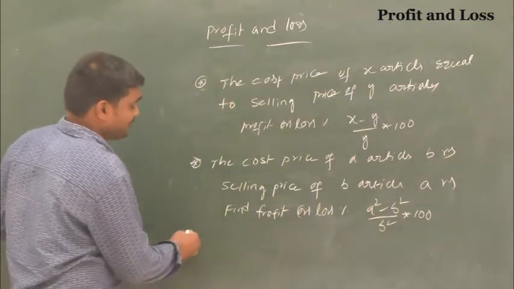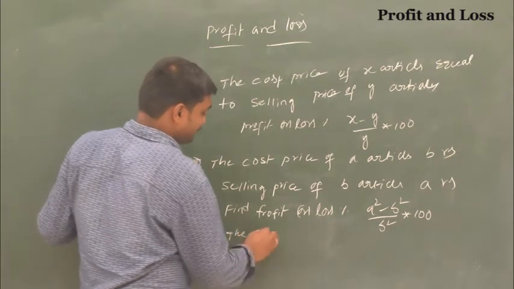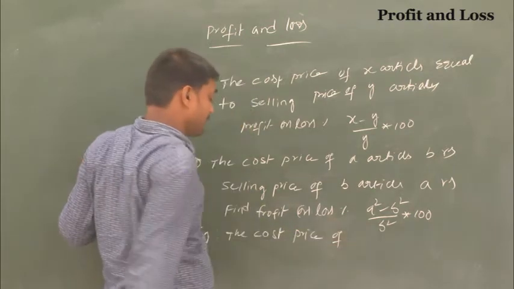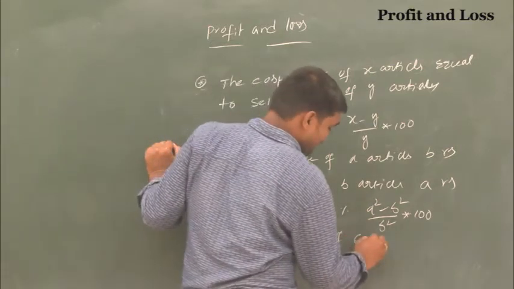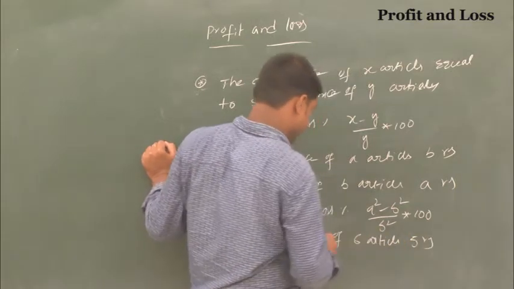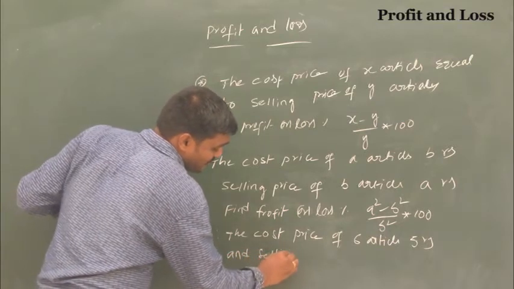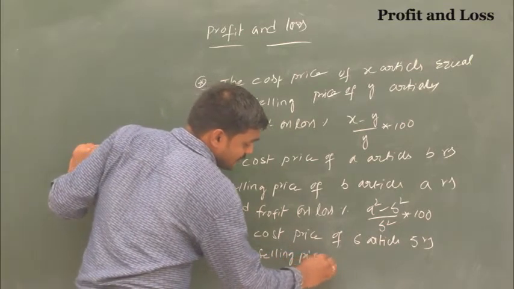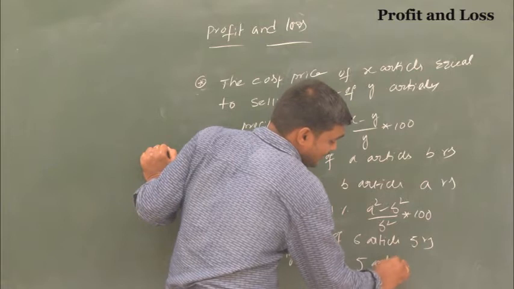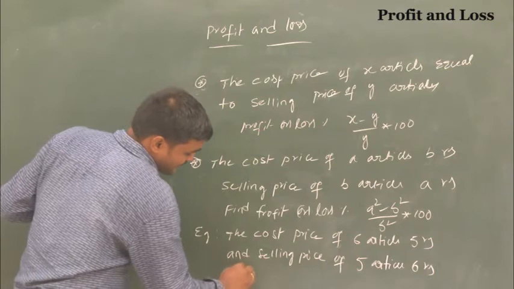For example, the cost price of 6 articles is 5 rupees, and the selling price of 5 articles is 6 rupees. Find profit or loss percent.